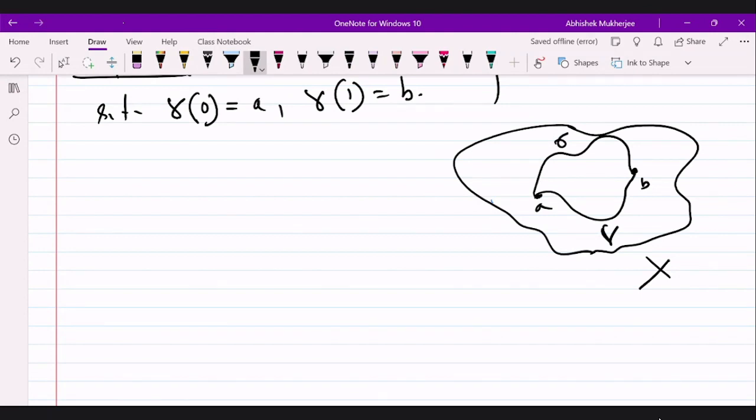So I'm taking two paths, gamma and sigma. Using this, gamma of 0 is A and gamma of 1 is B, so you have some orientation also. It is inbuilt here, right?